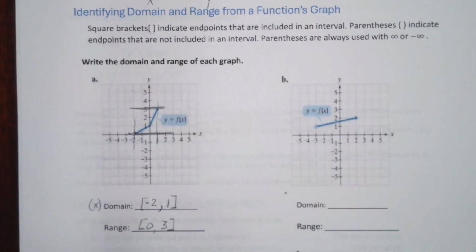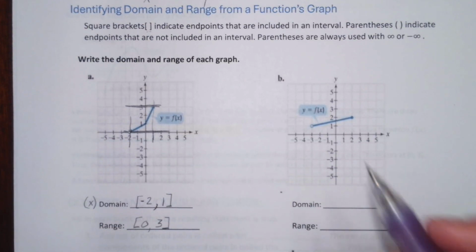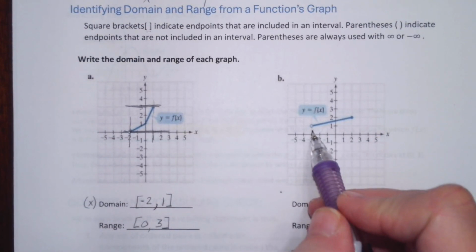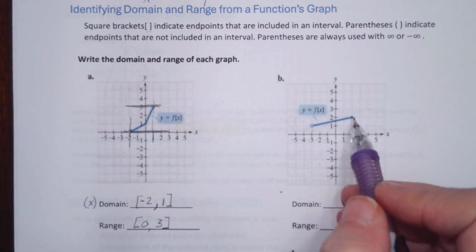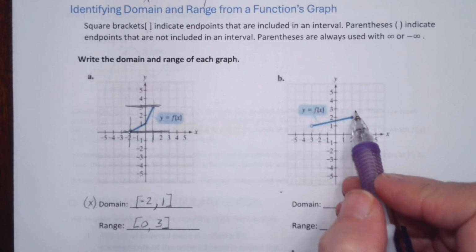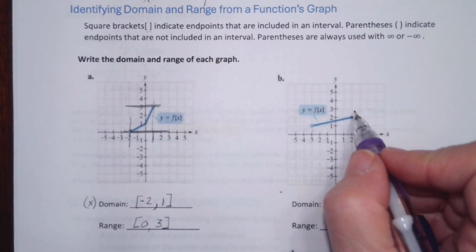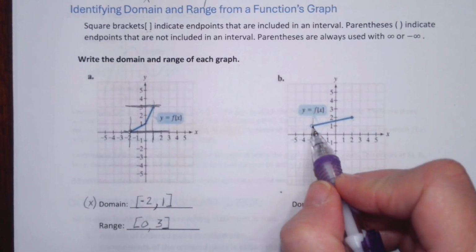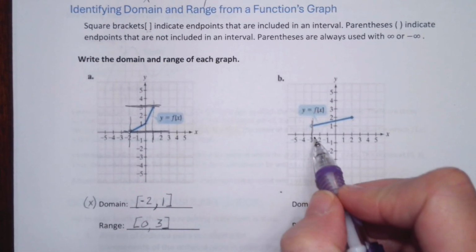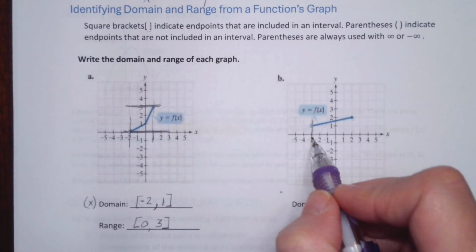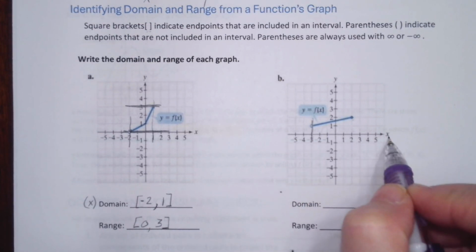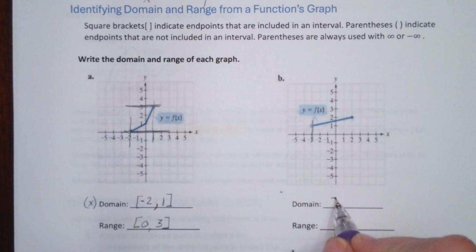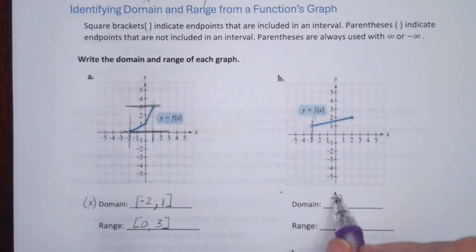So if we go to B, notice we have an open circle, so that's going to be a parenthesis, but I have a closed circle where it's filled in, so this is going to be a bracket. For my domain, I'm going to look where it touches my lowest spot on the x-axis, which is at -3, and because it's an open circle, I'm going to use a parenthesis.